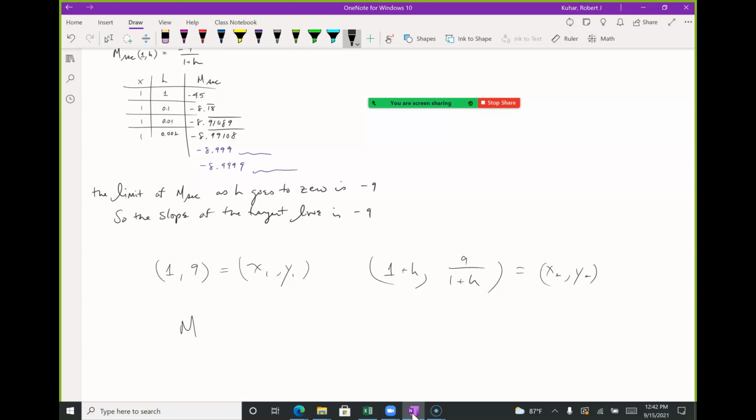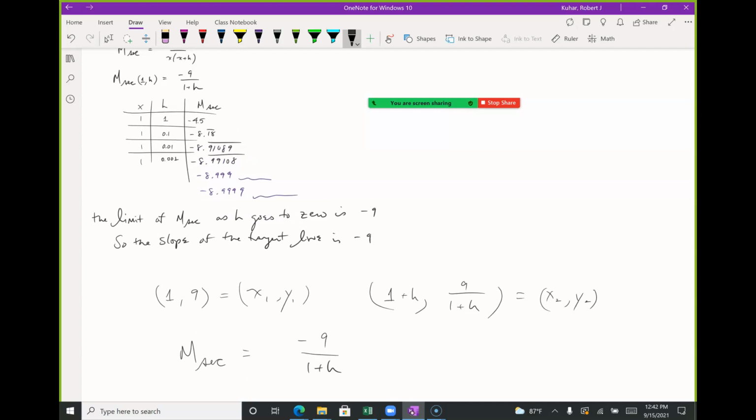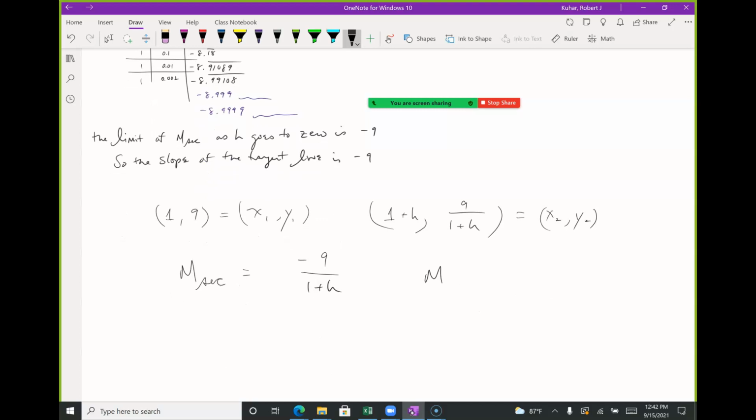I've got my slope of my secant of negative 9 over 1 plus h, right? And I've got my slope of my tangent, tangent of negative 9. So I want to draw in my secant and I want to draw in my tangent.